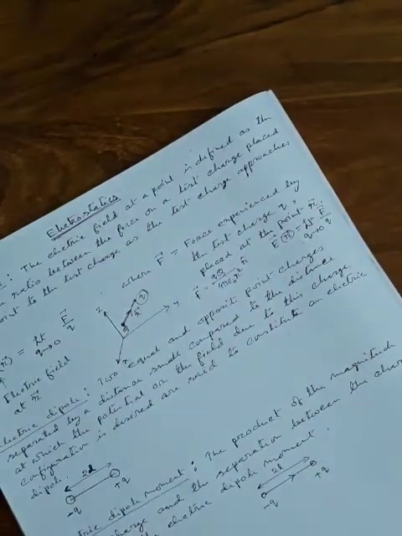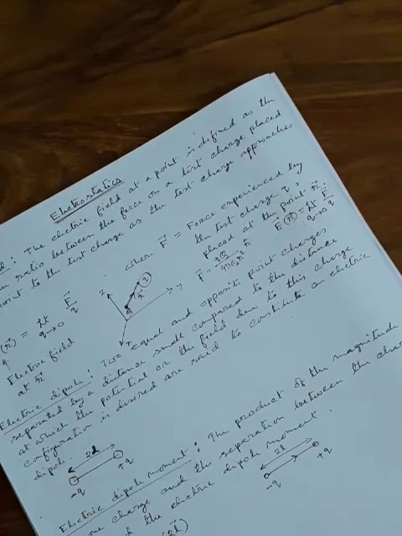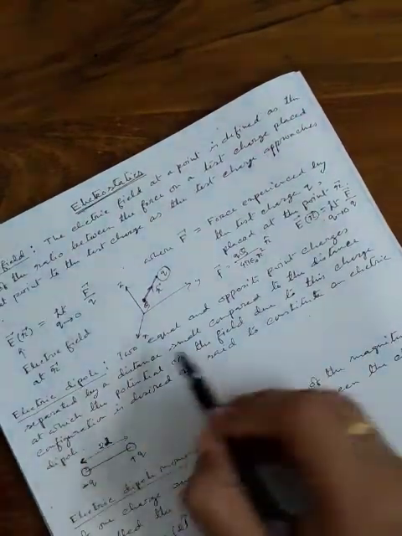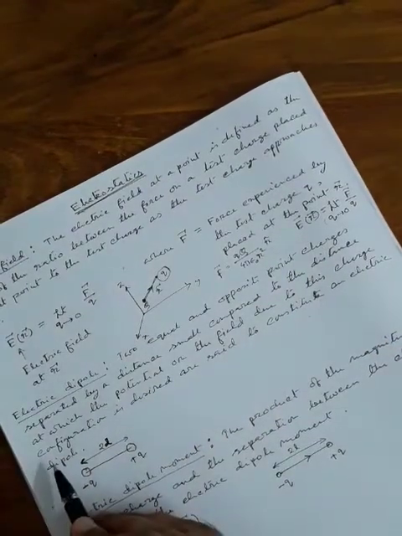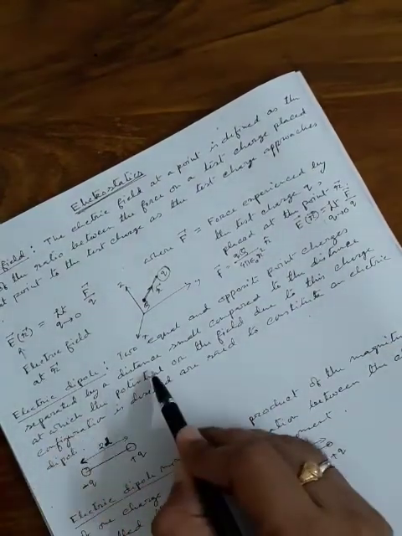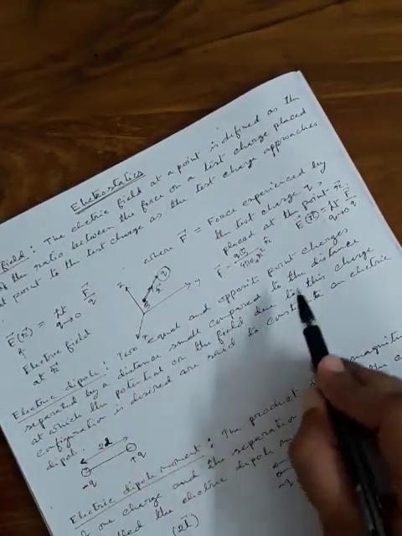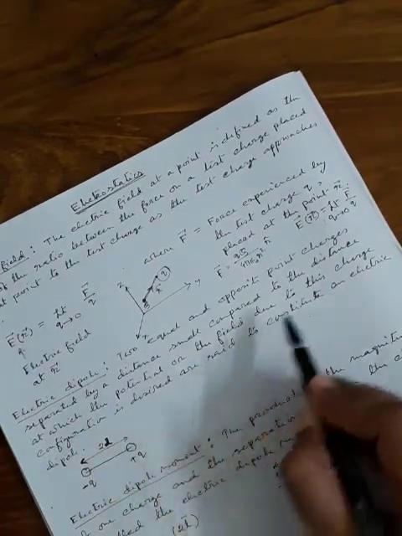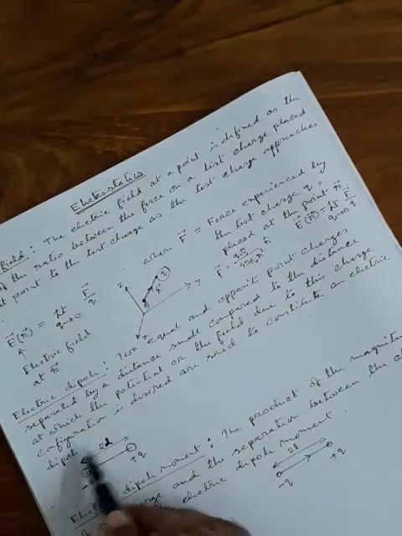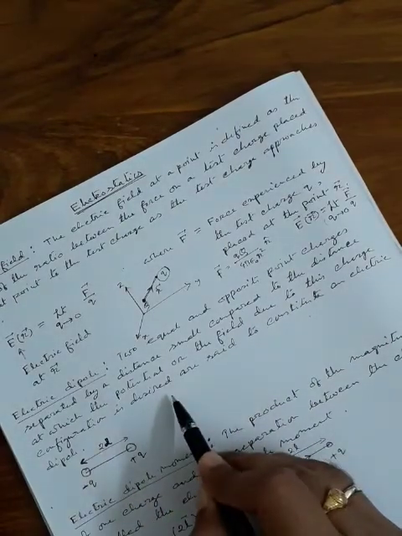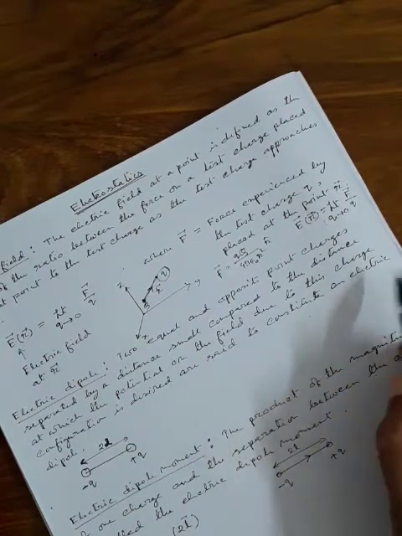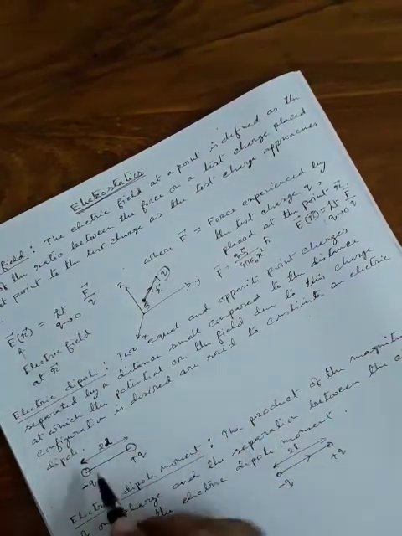Next, the electric dipole. What is an electric dipole? Two equal and opposite point charges separated by a distance small compared to the distance at which the potential or the field due to this charge configuration is desired are said to constitute an electric dipole.